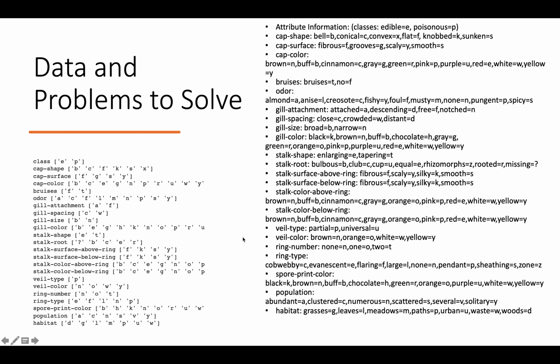This is a more detailed explanation of all the attributes, and for each column it shows their distinct values. For example, for class, it has E and P, which means edible or poisonous, and for the cap color, it has characters like B, C, E, G, which means brown, cinnamon, green, or gray, or pink, or purple, or red.